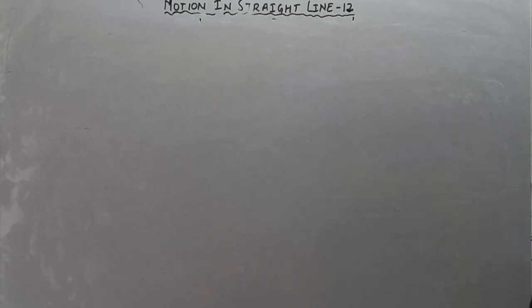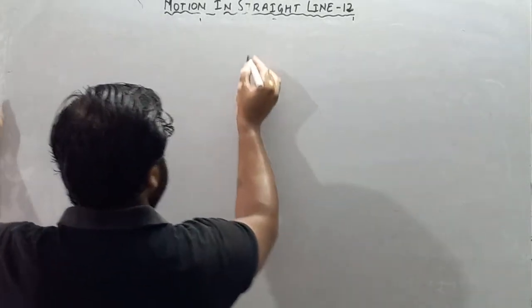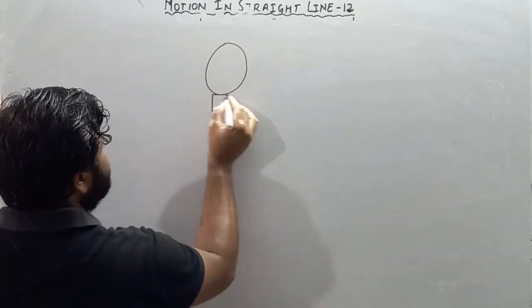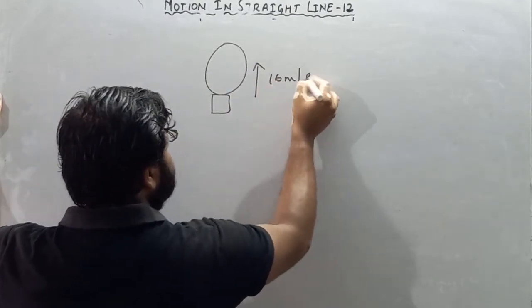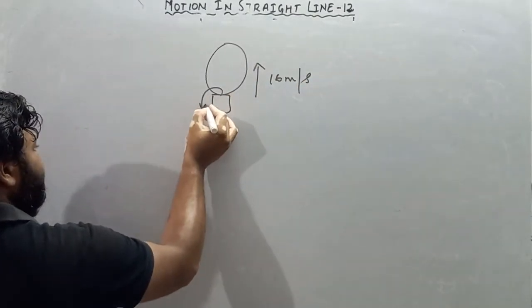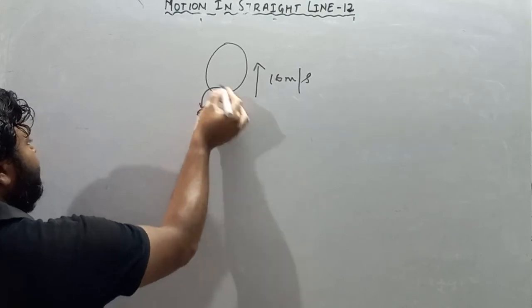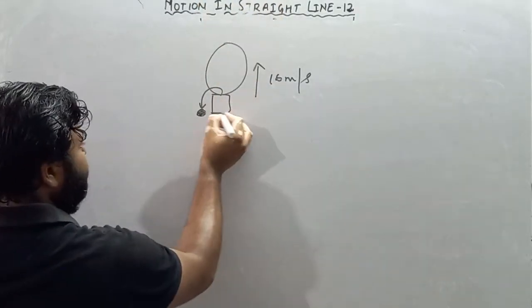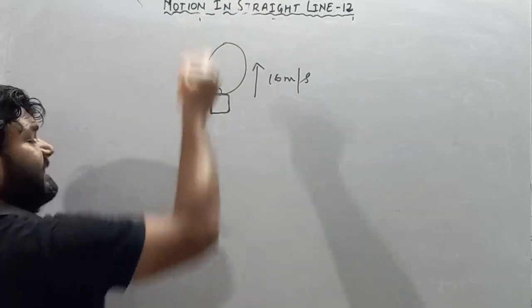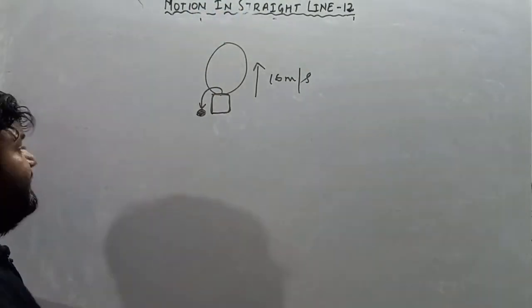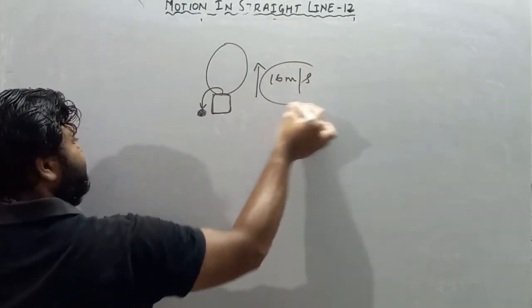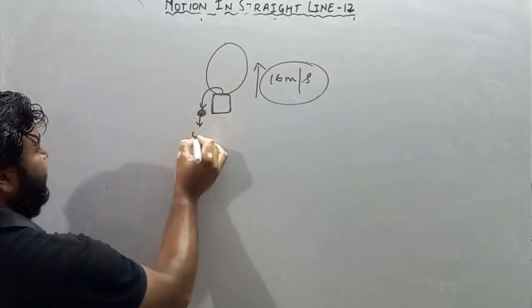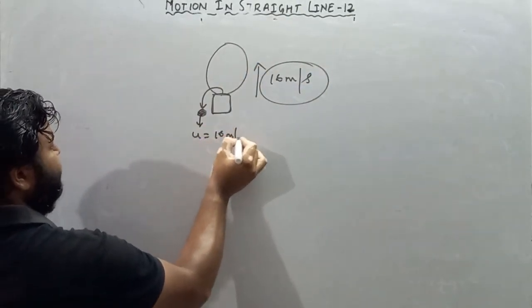So we have a balloon which is rising upward with velocity 16 meter per second. They are saying we are dropping a stone from this moving balloon. So remember, if any object is moving with certain velocity and from that object you drop something, then the velocity of the moving object will be the initial velocity of the dropping object.